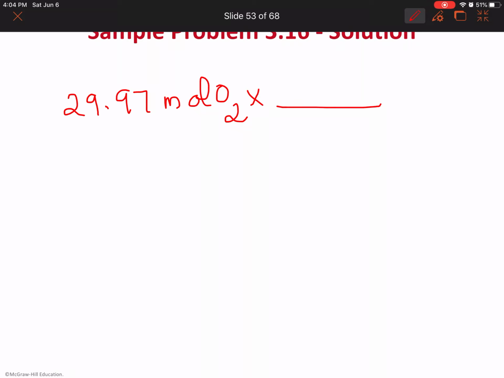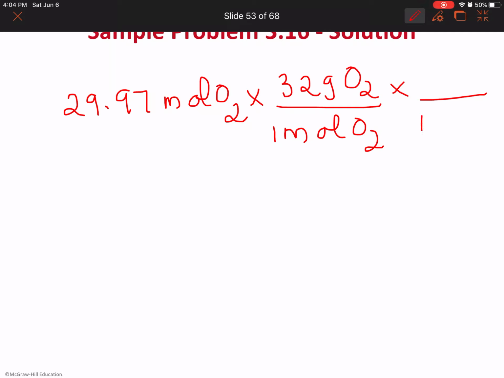And then the next step is converting moles oxygen to grams oxygen, using the molar mass of oxygen. 1 mole oxygen, see it is O2, it's going to be 32 grams oxygen. And then we need to convert it to kilograms. 1000 gram is 1 kilogram.